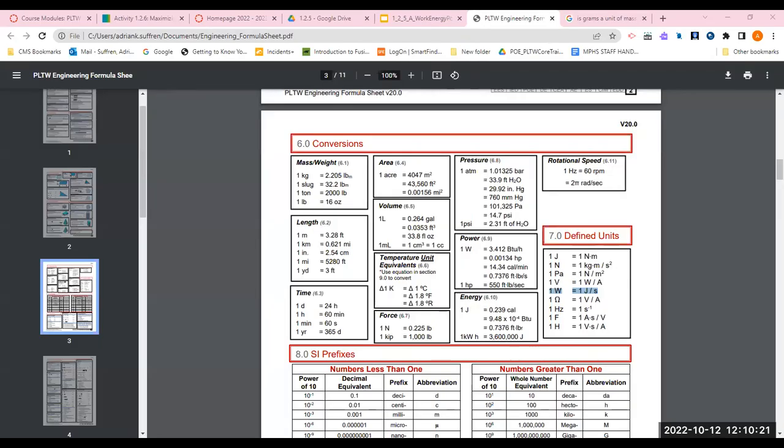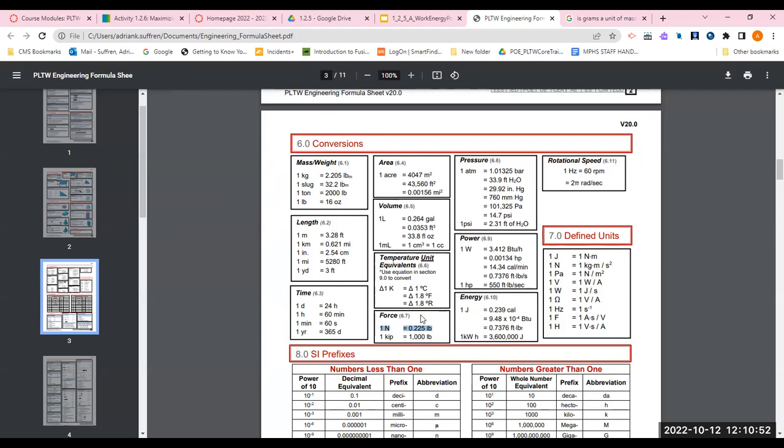Okay, here it is. So let me share this with you. We have our formula sheet, and you can use this sheet on our quick checks as well as our exams. Let's take a look at our conversion. If we take a look at force, 1 Newton equals 0.225 pounds. When we were in our simple machines lesson, we had to convert our mass into newtons, right?